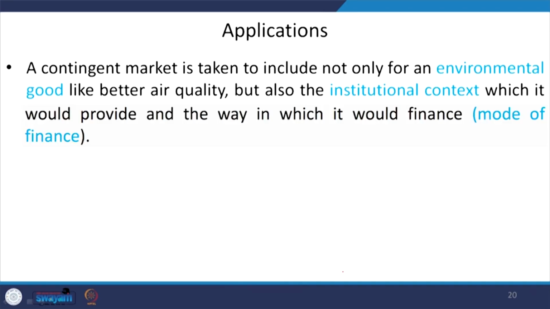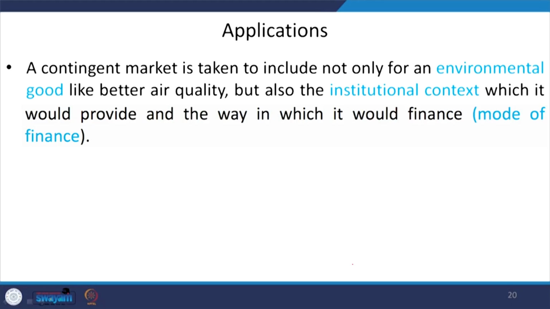Having understood all these steps, we need to look into the probable applications of this CV method. This CV method has many useful applications.